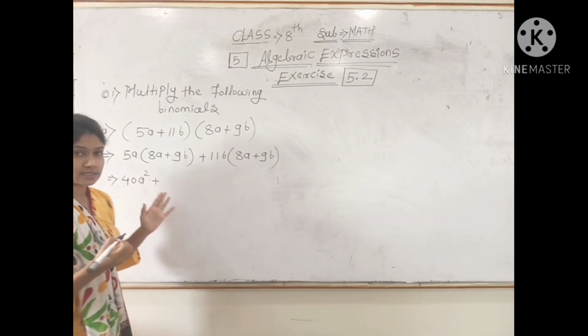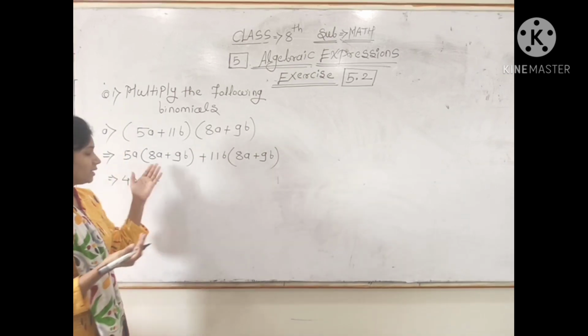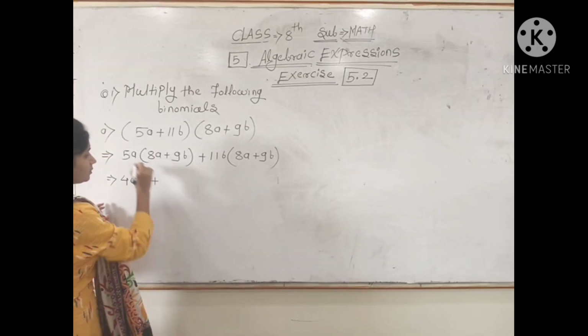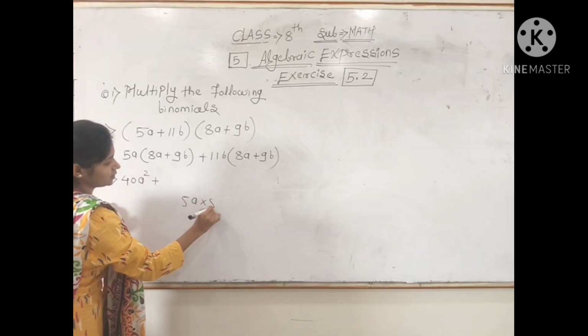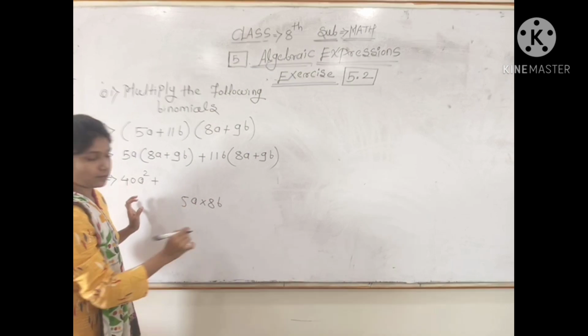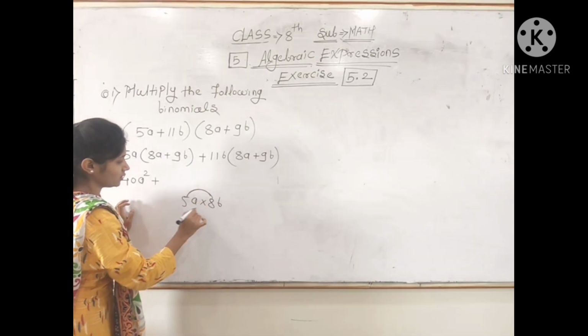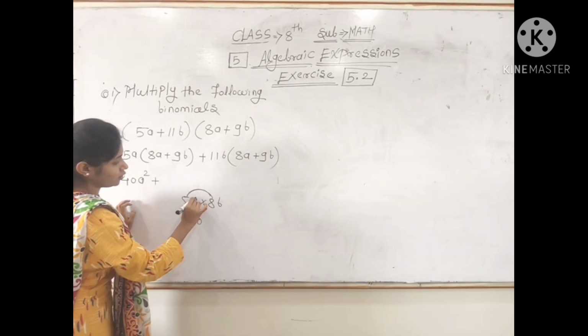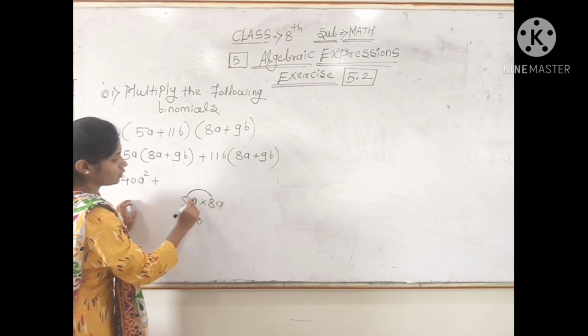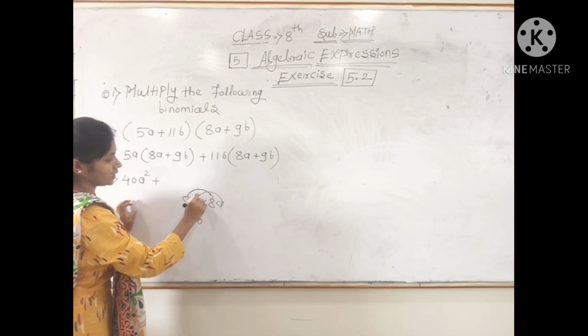If you don't understand how to multiply 5a by 8a, I will explain. First multiply the coefficients: 8 fives are 40. Then the variables: a multiplied by a.